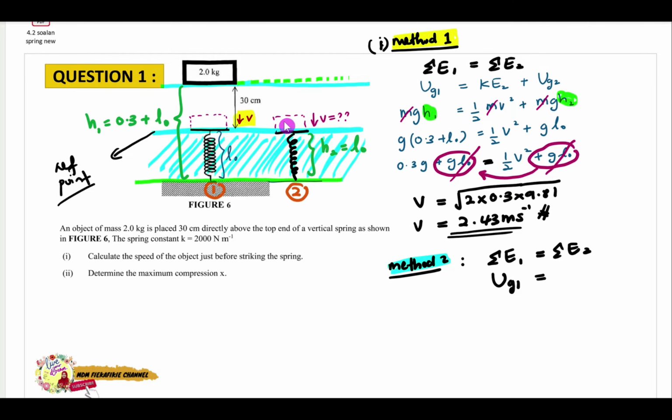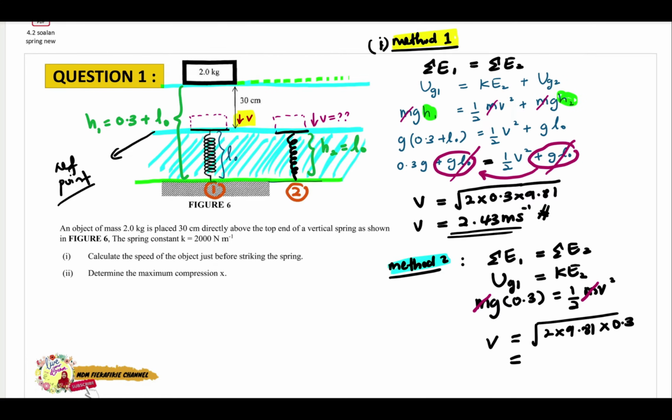So we only have kinetic energy in diagram 2. So if I write mgh, with height 30 cm which is 0.3 meter, equal to half mv squared. So m we can cancel. Okay, so finally we can find v, which is square root of 2 times 9.81 times 0.3. So we will get the same answer.